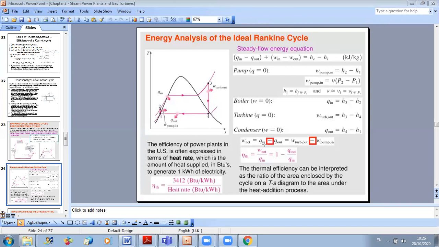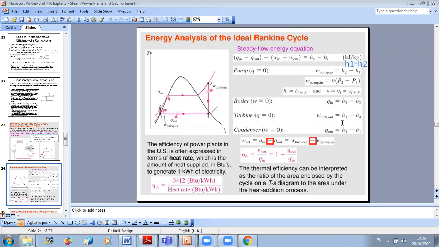If you don't want to do this, it's not a problem. If you can apply the equation above as it is, you get H1 minus H2, and it will be negative. Then, if you do this, you don't have to put a minus, you just put a plus. And the same for Q out.